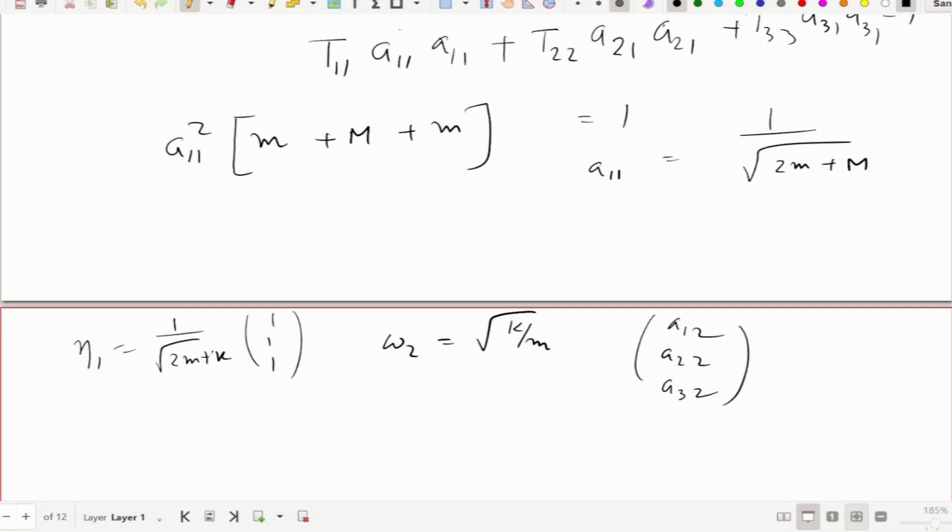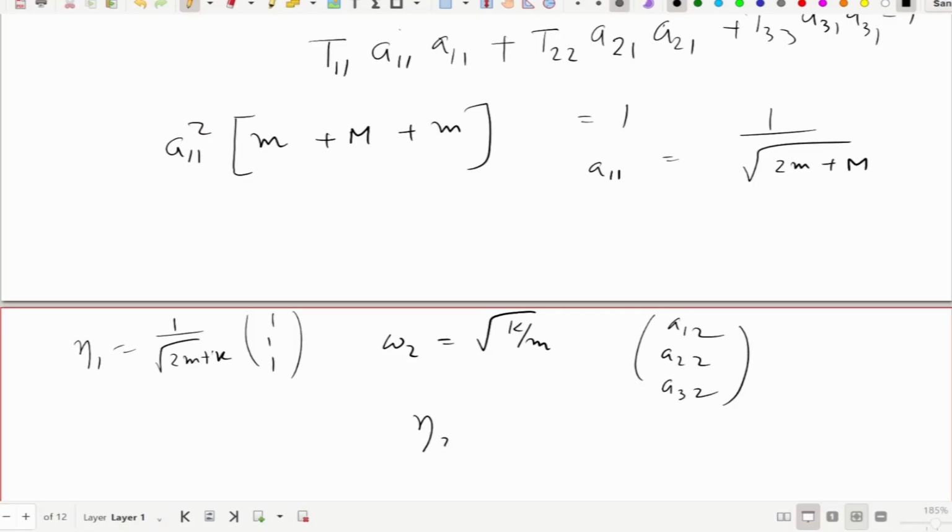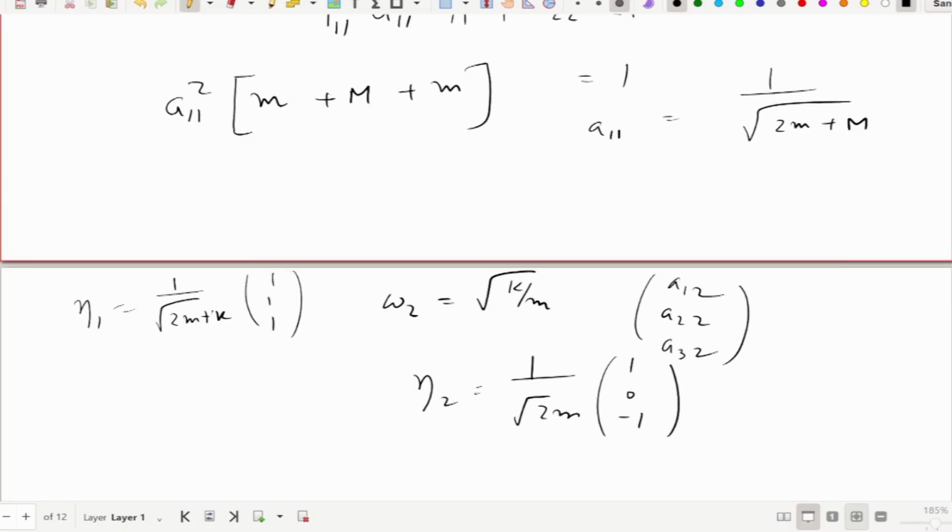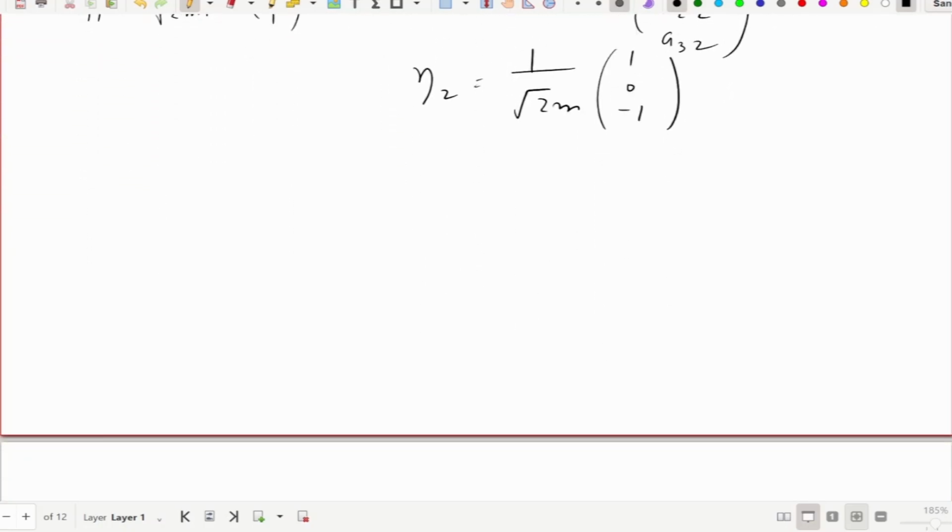And this eigenvector you can find from exactly the same procedure we followed: eta 2 will be 1 over root 2m times 1 0 minus 1. Okay. So, this is our second eigenmode, and now we will consider the third one.